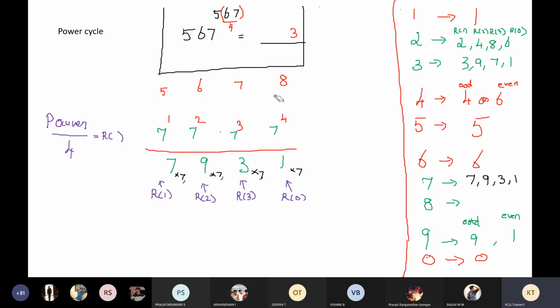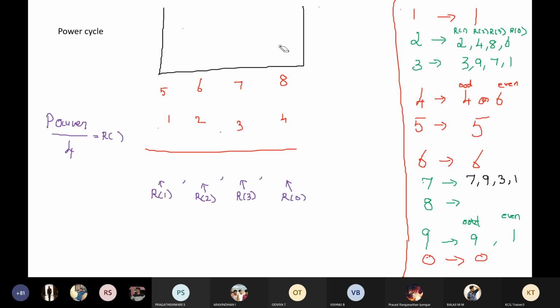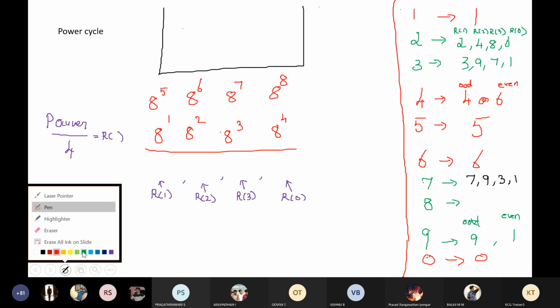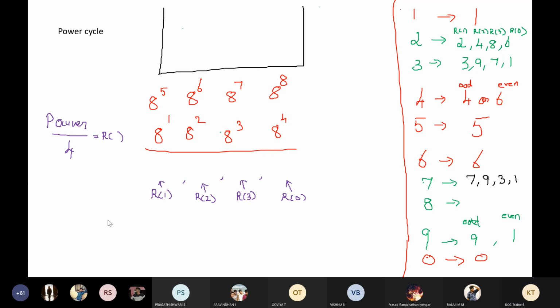Similarly, find out what would happen for 8. What is the cycle for 8? Very good, Harivardhani, Deepthi, and Gracia.